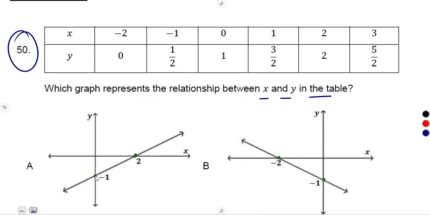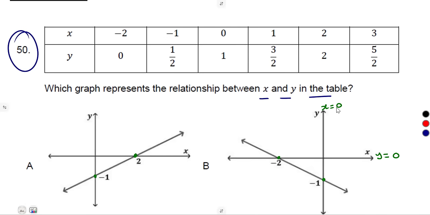And what are the conditions for those two? For the x-intercept, y is equal to 0. On the y-axis, where we have the y-intercept, x is always 0.